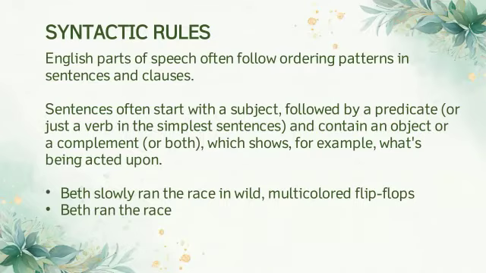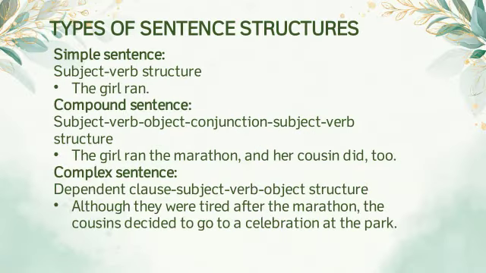And then the object from the sentence, the race, follows the verb ran, and the prepositional phrase in wild multicolored flip-flops starts with the preposition in. And then the next is the types of sentence structure.